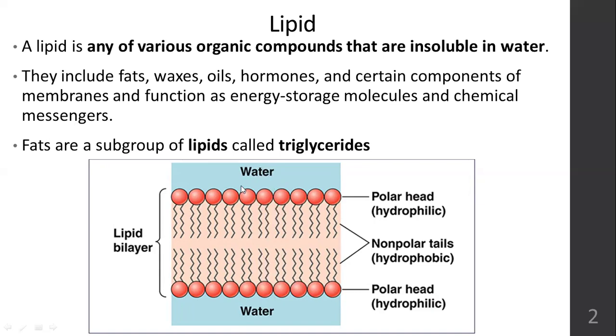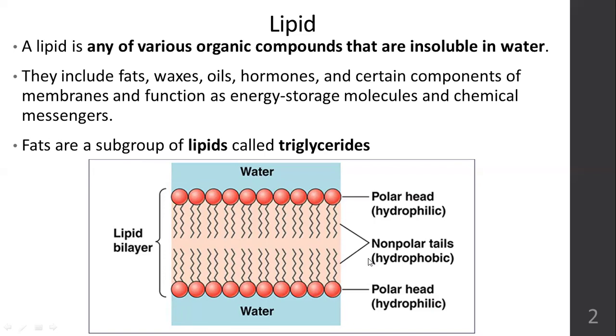The polar head end is hydrophilic and attracts water. But the tail end that you see, the zigzag lines, this entire central area, is hydrophobic in nature. It repels water. Because of these opposing forces together, the cell membrane becomes very selective of how much water should enter the cell and how much water should leave the cell.